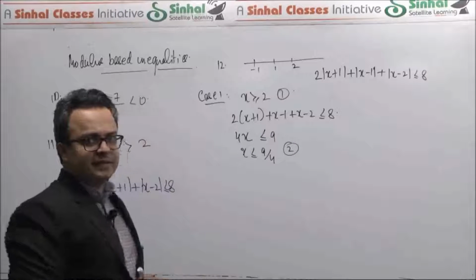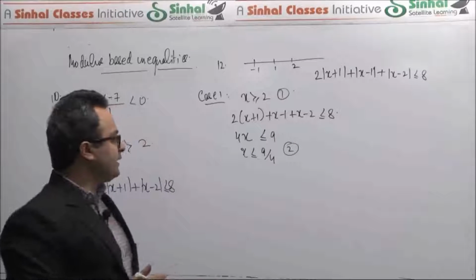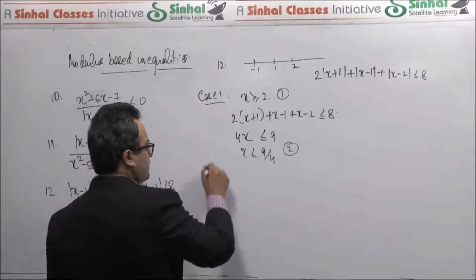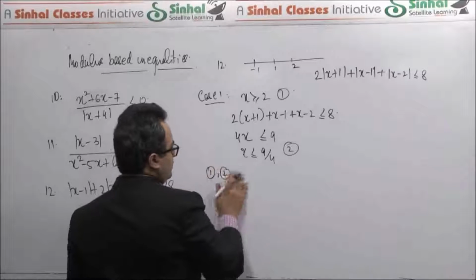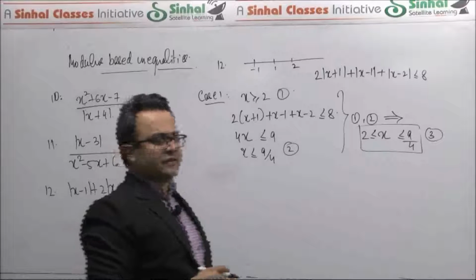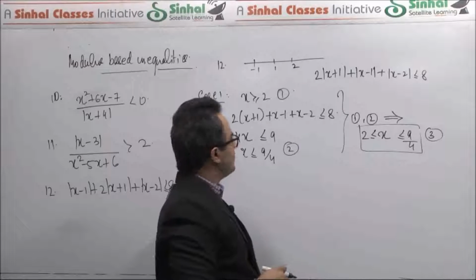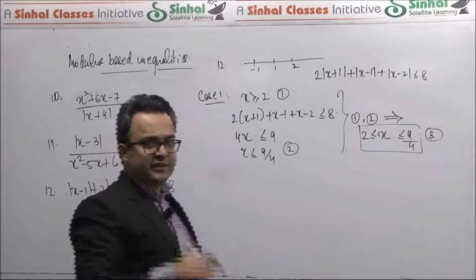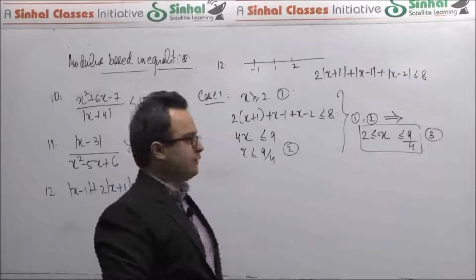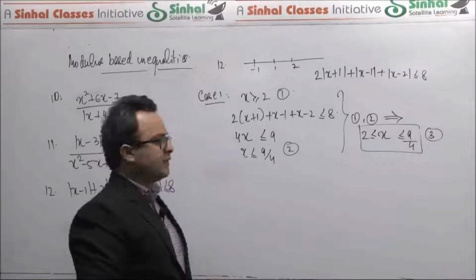So I get x is less than equal to 9 by 4, but then again I'll have to take an intersection of statements 1 and 2. The first case gives me these allowed values, that x can take values which are greater than or equal to 2 and also less than or equal to 9 by 4. Right? So that is of course part of the solution set.